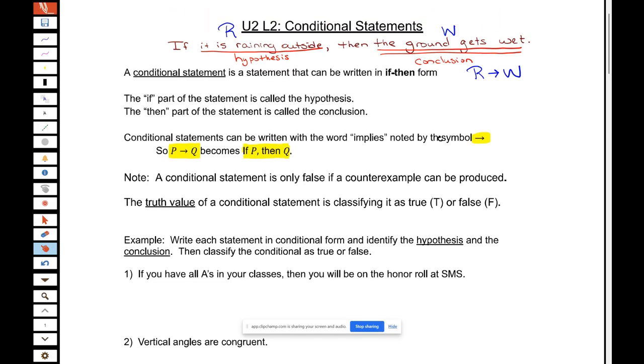A conditional statement is only false if a counterexample can be produced. We covered counterexample in our last lesson. A counterexample makes the hypothesis true and the conclusion false.